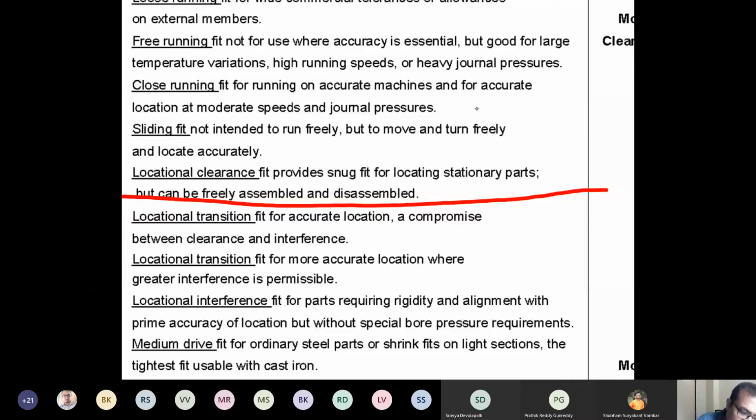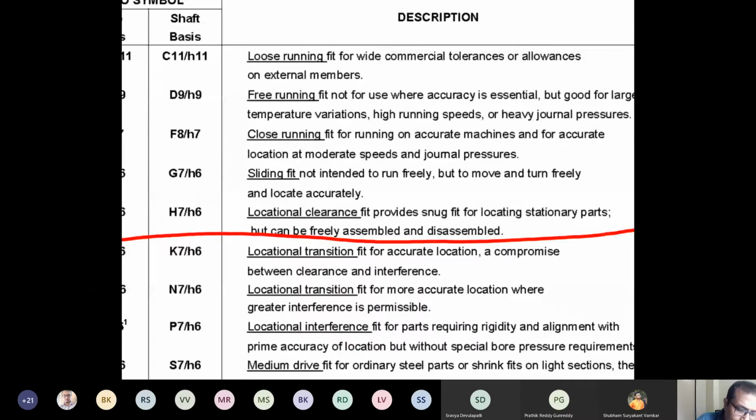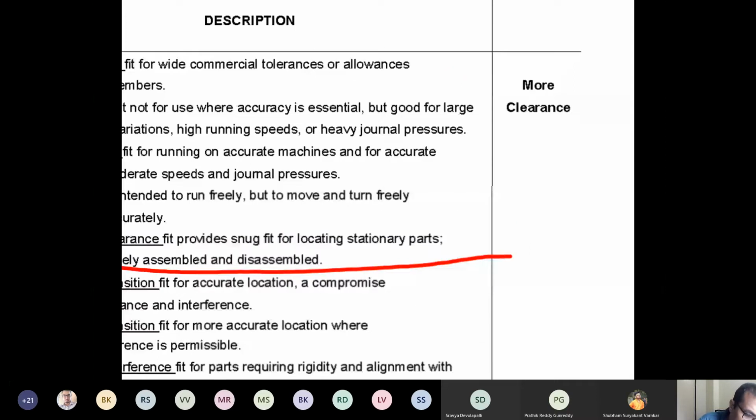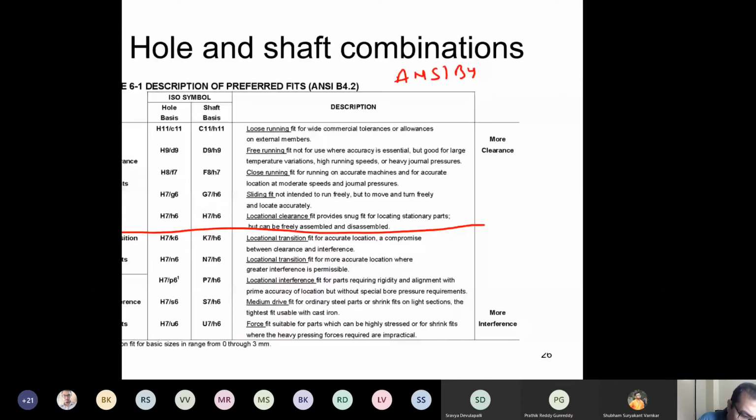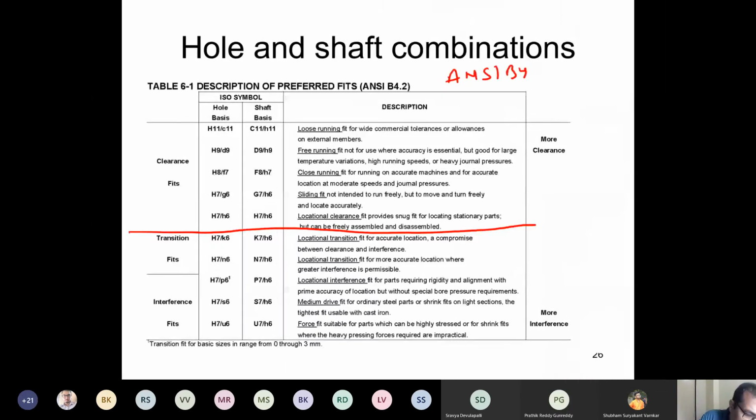Okay, so basically H, if you see, there are hole bases and shaft bases. So there is H11, C11, and C11 and H11. So these are for loose running. Sorry, it looks like it will not let me write if I blow it up. So I'll not blow it up.